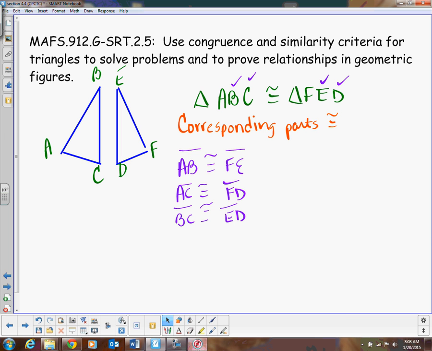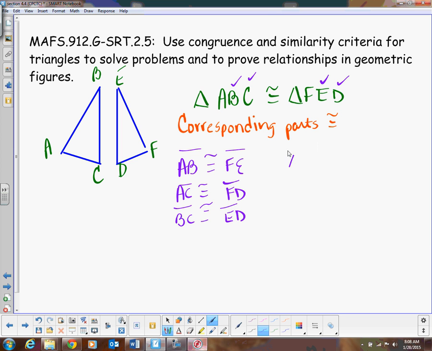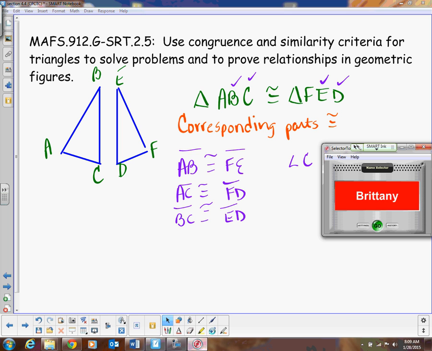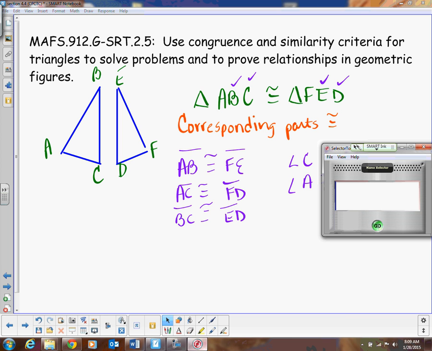All right, so now we got 3 pairs of corresponding angles. One pair is, Brittany? Angle E and angle C and angle D. I need another pair of congruent angles, Tara. Angle A is congruent to angle F. And I need one more pair of congruent angles.